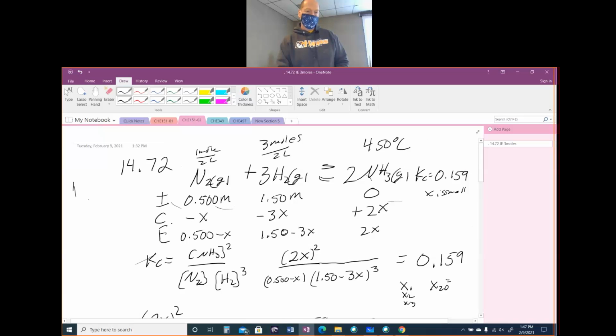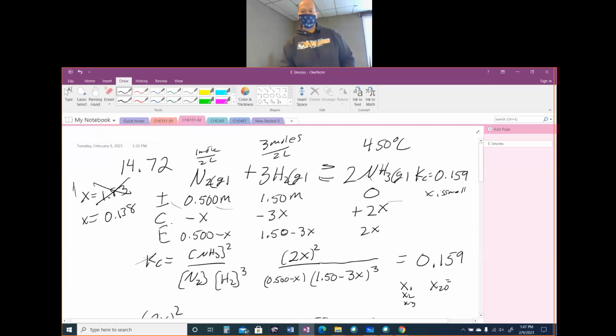And so when we write our x values, one being 1.83 and one being 0.138, we see immediately that the 0.5 minus 1.83 gives us a negative number. So the 1.83 is an invalid answer. And so our answer is the 0.138.